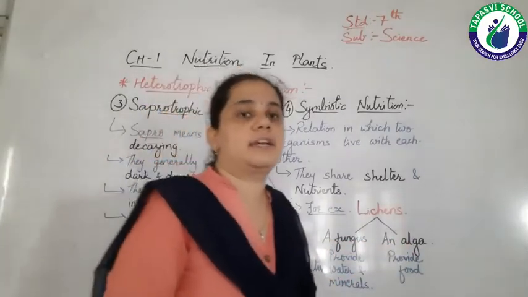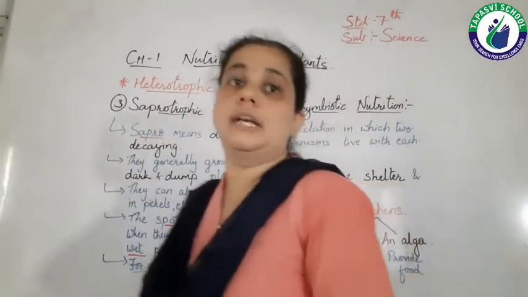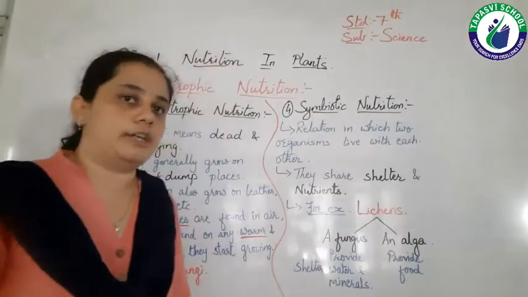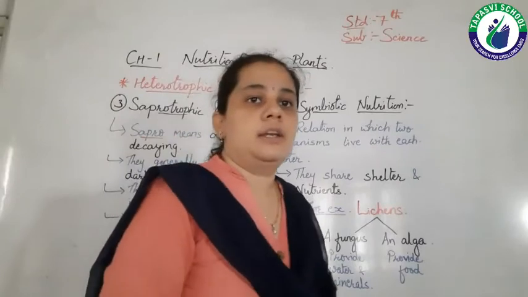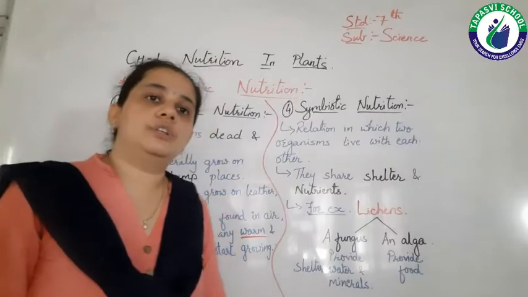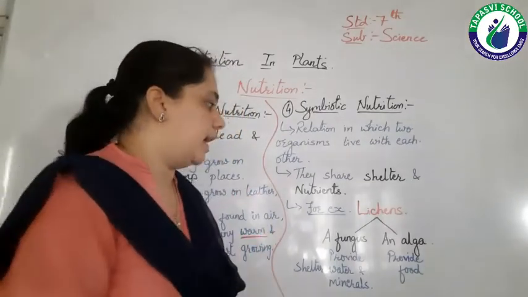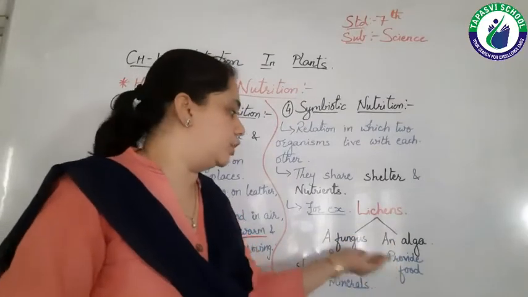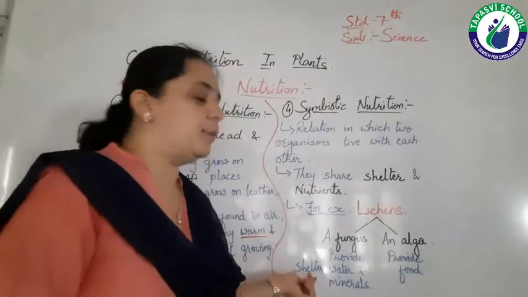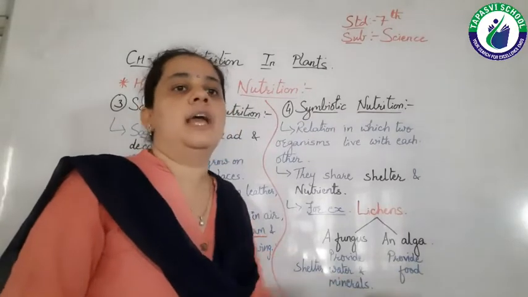We generally see the alga on stagnant water, the green colored patch which we see on stagnant water, generally in a pond, right? As we know, it is green colored, so it can make its food by photosynthesis. So what they do, they provide food to the fungus, while the fungus in return provides shelter, water and minerals to the alga.